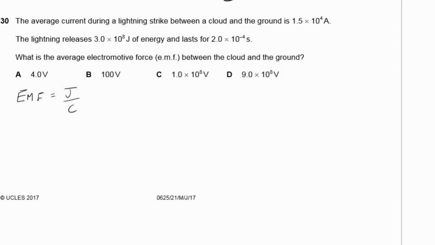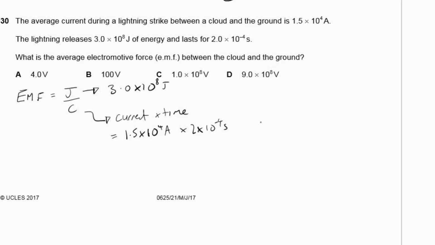So let's look at this. We're given the value in joules, that's 3.0 times 10 to the 8 joules. We want to find out the charge in coulombs. And charge equals current times time. So that's going to be 1.5 times 10 to the 4 amps for a time of 2 times 10 to the minus 4 seconds.